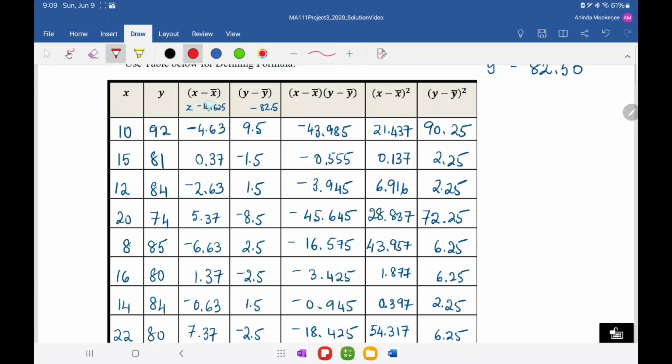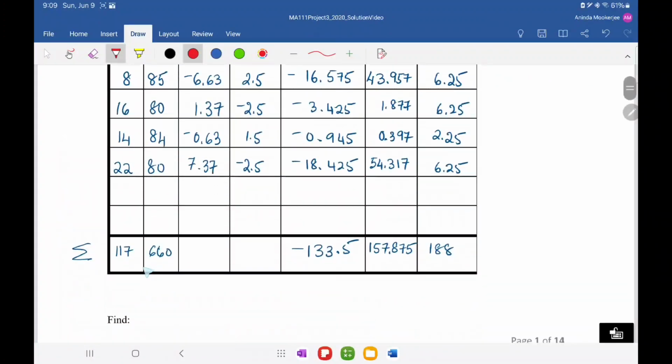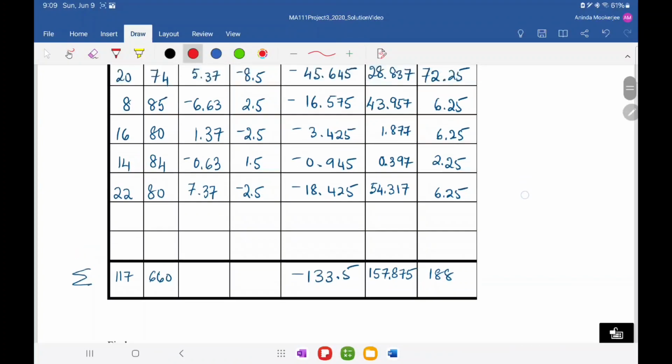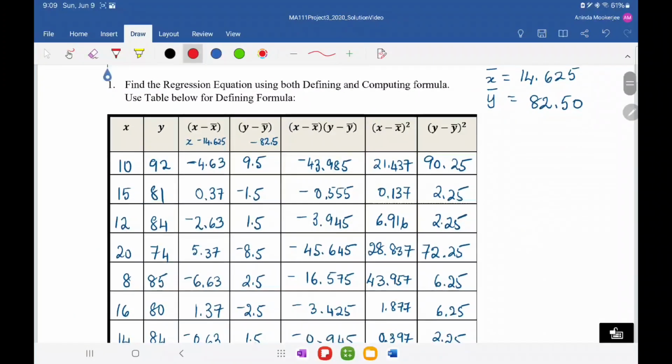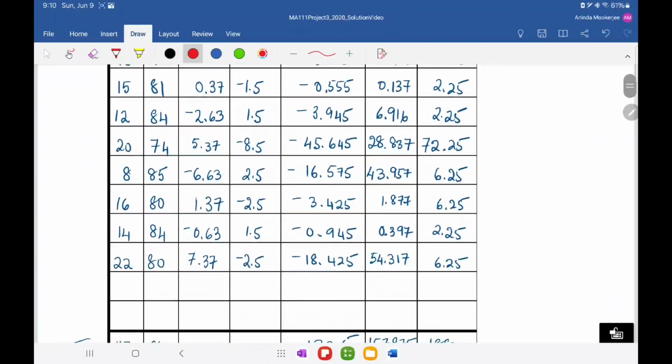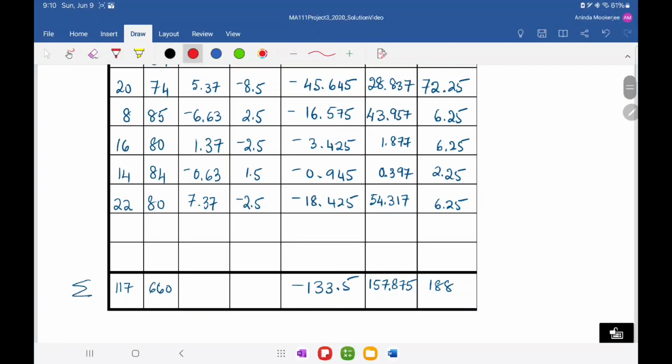Now, the third column is x minus x bar. So we have to find x bar, which is the mean of all these x values. So the formula to find x bar would be sigma x over n, correct? So we do need to sum up all the x values, and we got a value of 117.